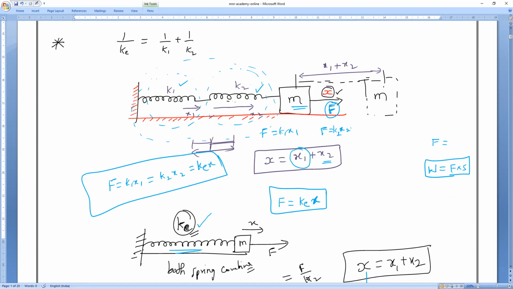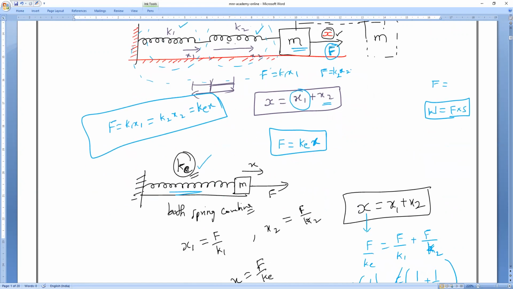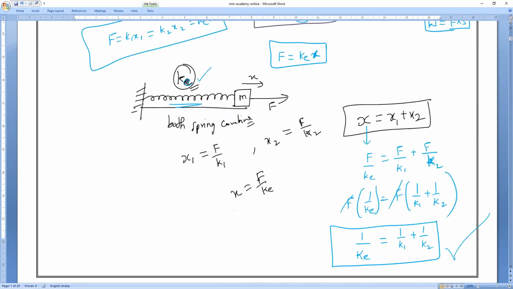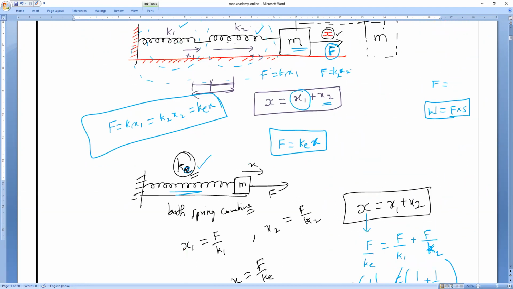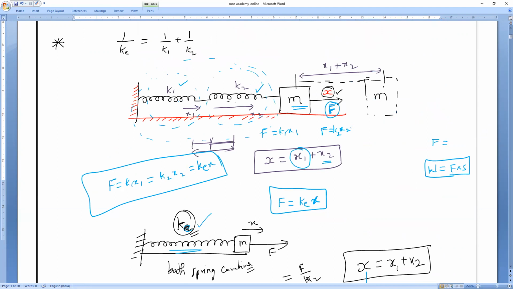It is exerting uniformly, equally. So if I consider both the springs together, the equivalent spring constant is Ke, the distance is x and the force is F. So force is equal to, all of you remember, spring constant into x, that is K into x.